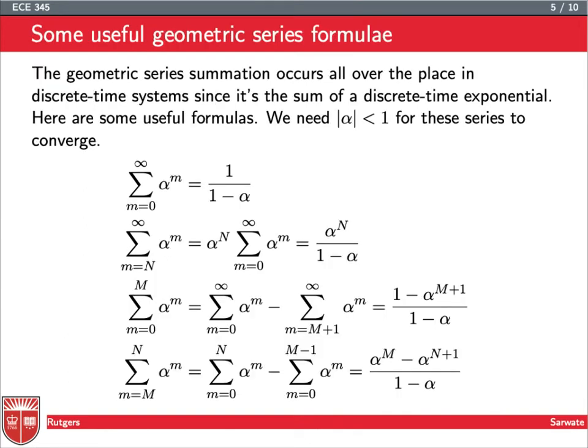So we can simplify these sums using the geometric series, and I guess it's important to remember these formulas. It's worth writing them down in case you want to reference them in a quiz or something.